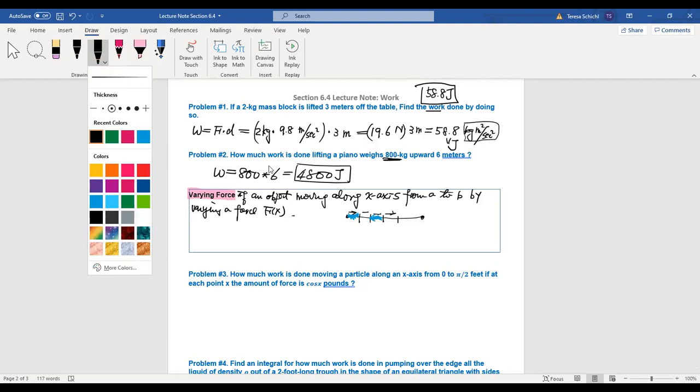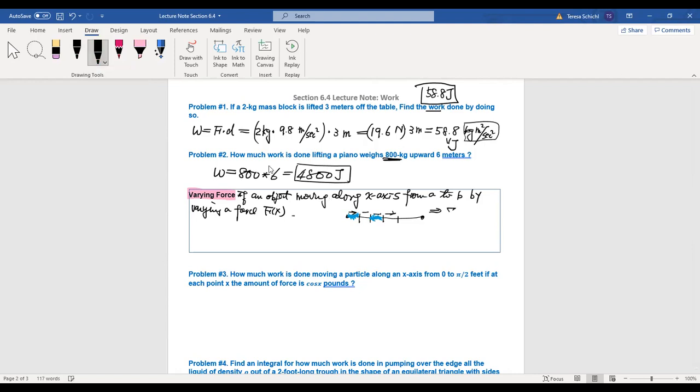So for this one, basically, you can say the total work done will be the sum of f of xi and delta xi, from i equals 1 to n. So you divide it into several sub-intervals, and for each interval, they have a distance to travel, and a different force to push or pull.